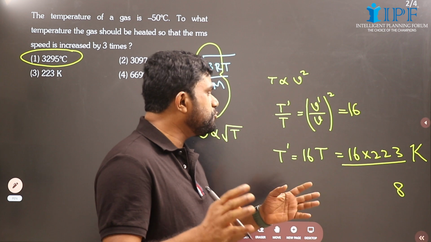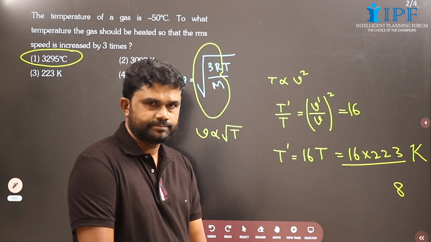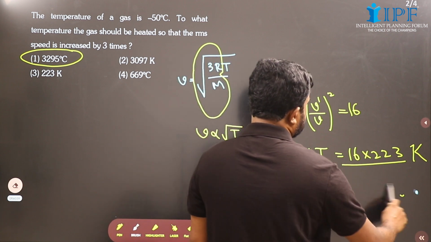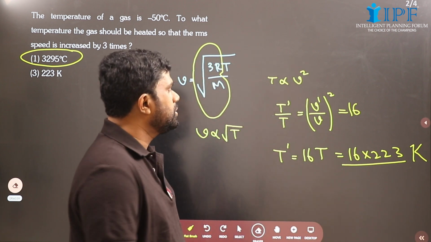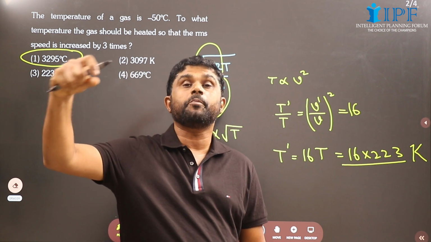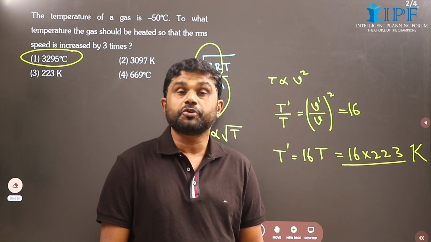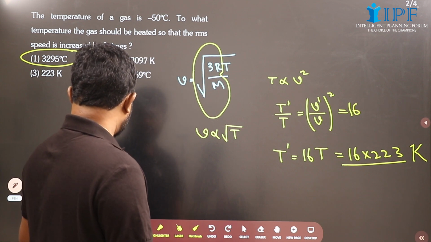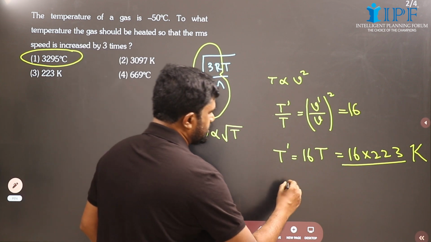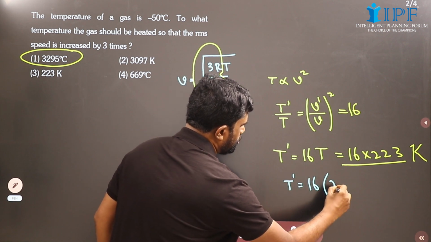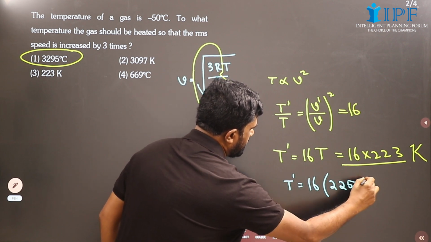Now suppose you want to calculate this, 16 times 223. Then what you have to do is write 223 as 225 minus 2. So T dash equals 16 into 225 minus 2.